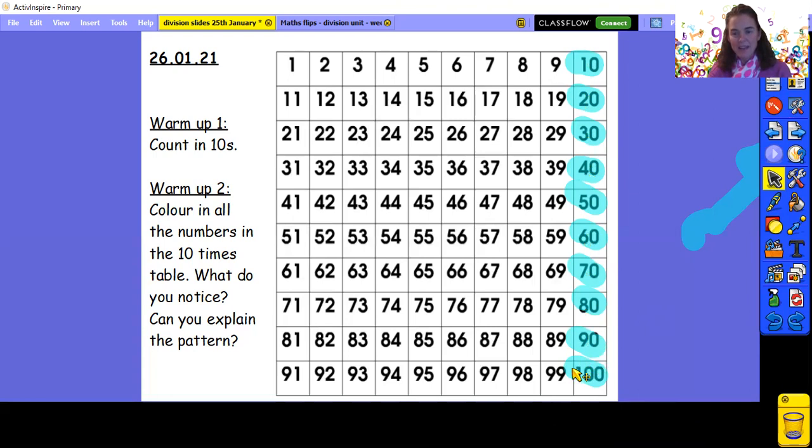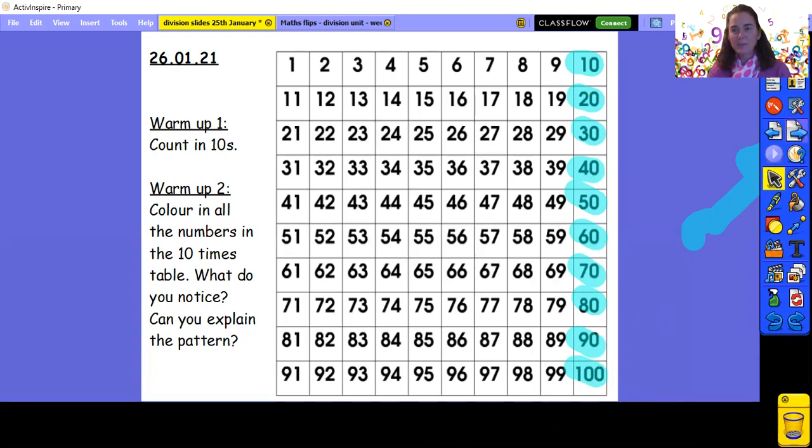And when we get down here, this 1 doesn't mean a 10, it means a 100. So we've got a 3-digit number here. We've got 100, no 10s and no 1s. So well done if you spotted that pattern that we're counting in 10s and the 10s digit goes up by 1 each time, but the 1s digit stays the same, always ends in 0.